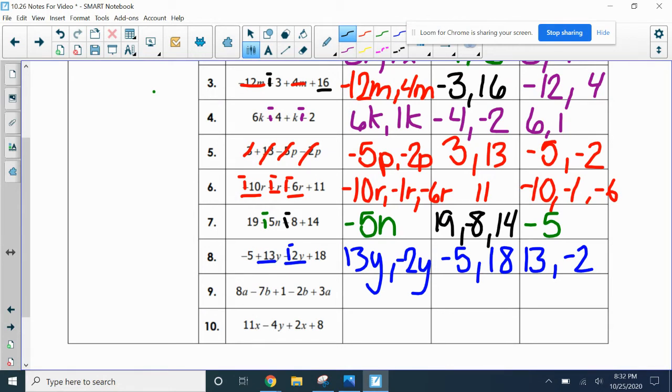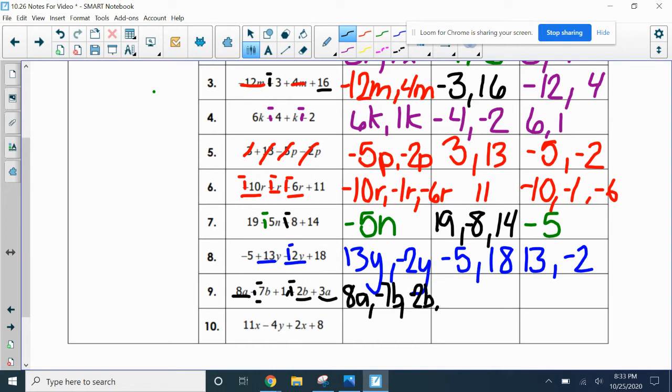This time I see 2 variables, but those are still going to be our variable terms. I see an 8a plus a negative. I see a negative 7b. So I see a and b, but even though there's different variables, those are still variable terms because they're still attached to a variable. They're just going to represent 2 different numbers. So I have 8a. I have negative 7b. I have plus a negative, so negative 2b.